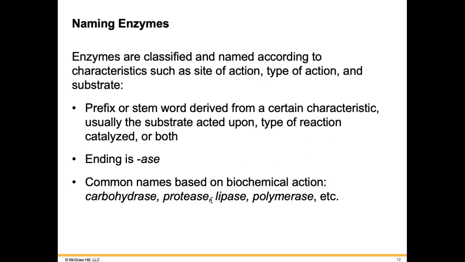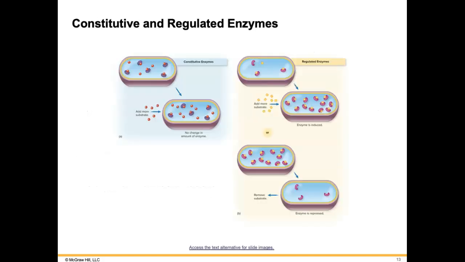Protease is an enzyme that acts on proteins. Get that? Proteins. And lipase is an enzyme that acts on lipids, right? Carbohydrase is an enzyme that acts on certain carbohydrates. There might be a question or two on this, probably in the SMART book, but I don't get super excited about that.